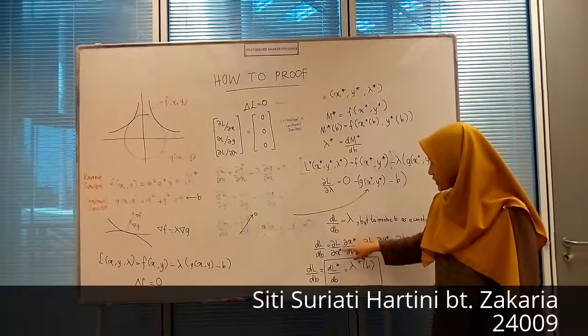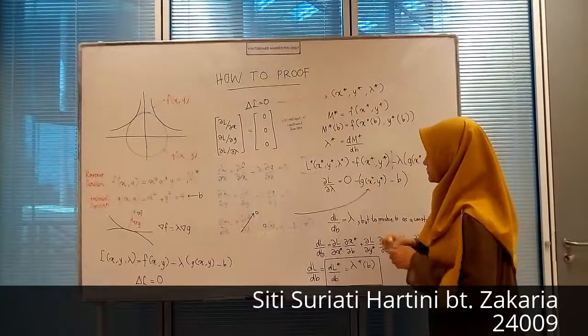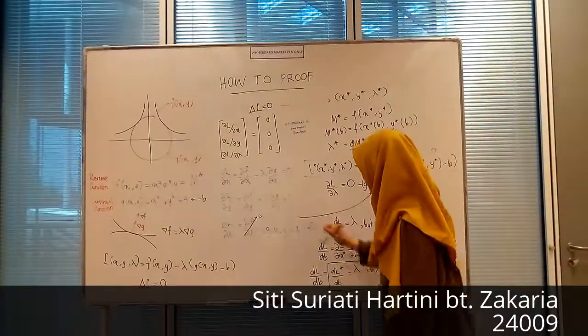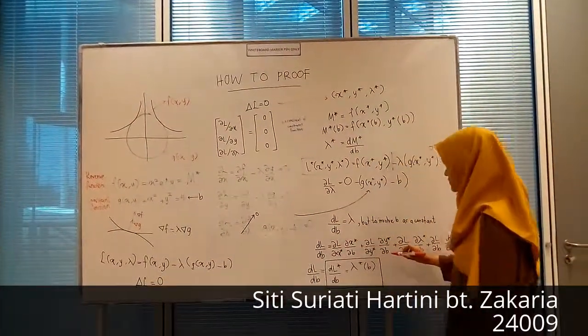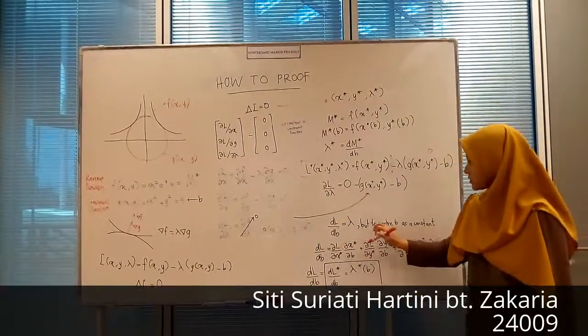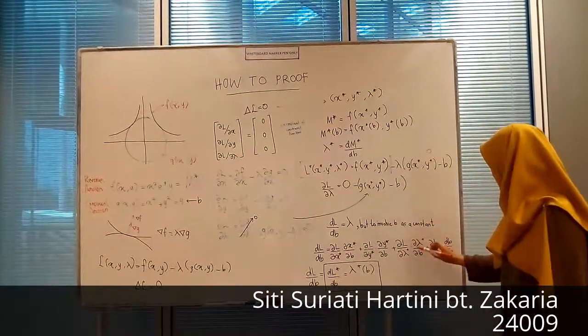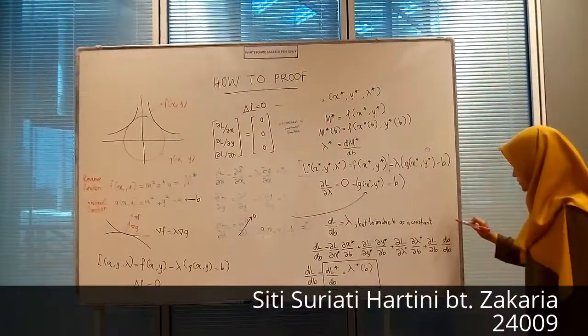Differentiate L with respect to x star: from this it is equal to 0. From this one it is equal to 0. And from this one it is equal to 0. And it is equal to 1.